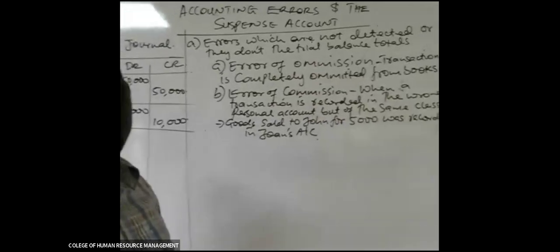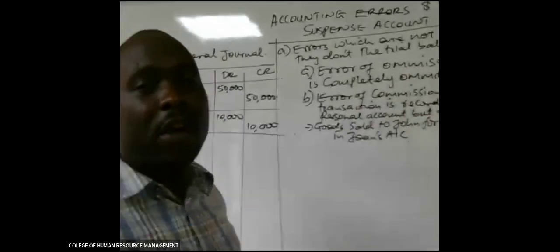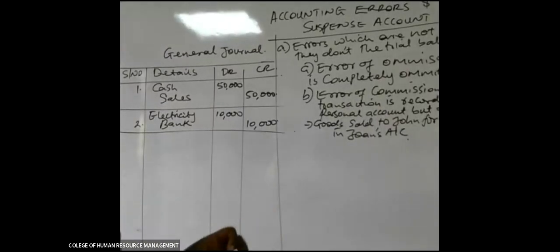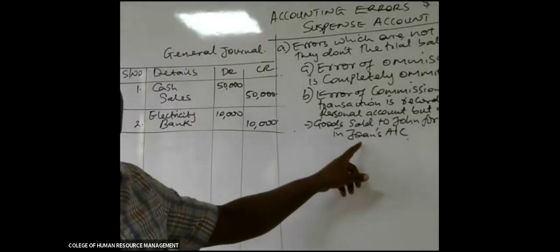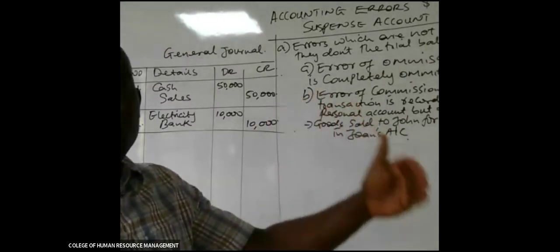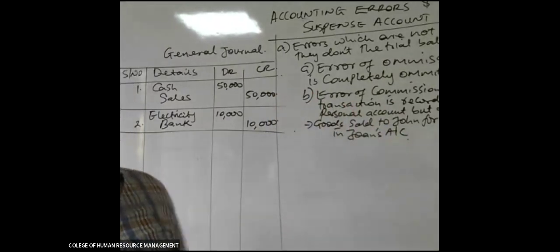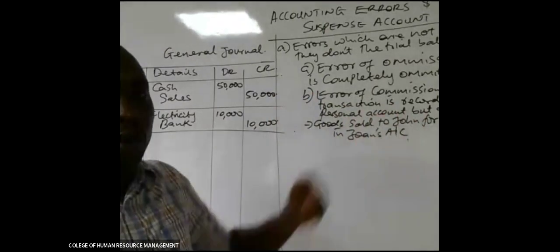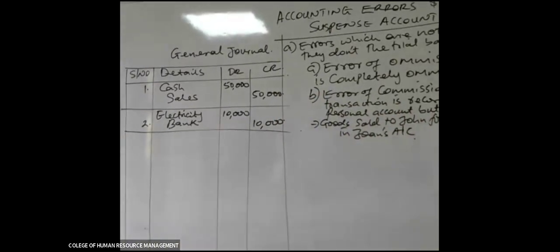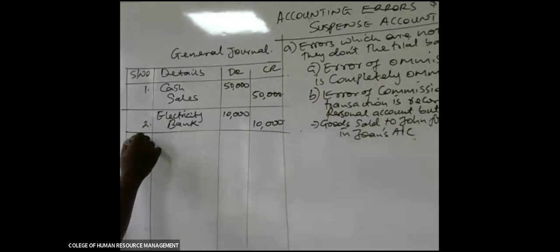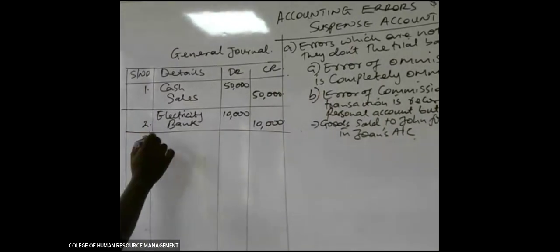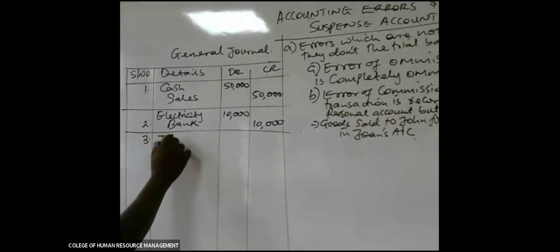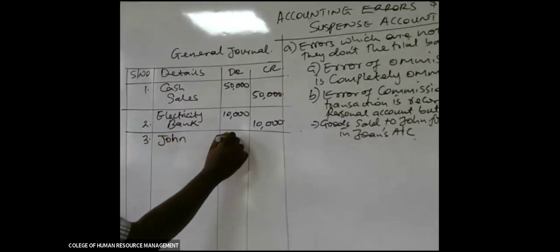When an entry is in the wrong account, you need to reverse that wrong entry. This account of Joan was wrongly debited because a customer is normally debited when goods are sold to him. So we debited Joan instead of John. So what do you do to correct that error? One, we shall come here and say number 3, the account which was supposed to be debited is the account of John by 5,000.